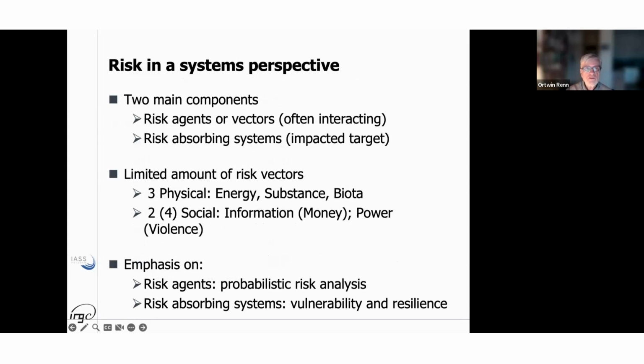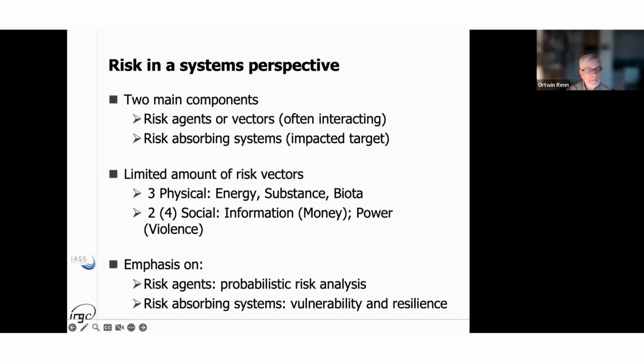Now, the interesting thing is that in all the risks that we're talking about, we basically only have five agents. There are three physical risks: energy in all its forms, such as radiation, chemical energy, kinetic energy; substance in all its toxicity; and biota, of course, bacteria, viruses, and so on. But we also have social risk vectors or agents, basically information and power.